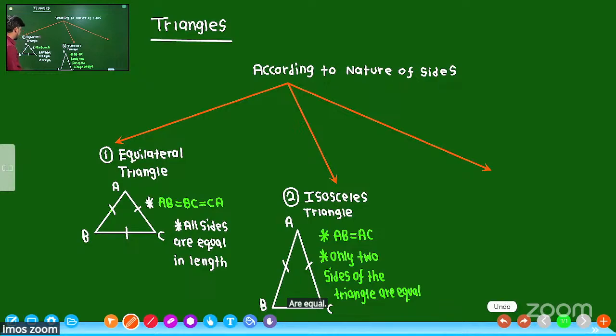Right. Third one, Puta, is scalene triangles.